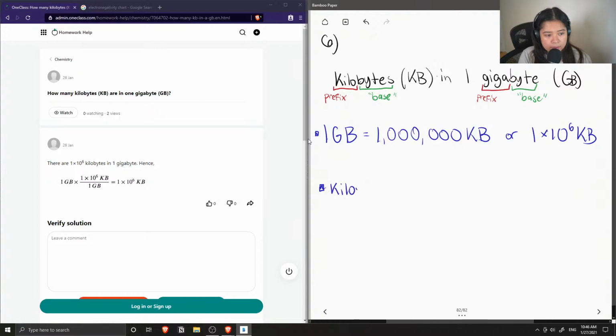Even though we don't technically use the term gigameter, it can still technically exist. So let's say we had 1 gigameter. This would also be equal to 1 times 10 to the 6 kilometers.